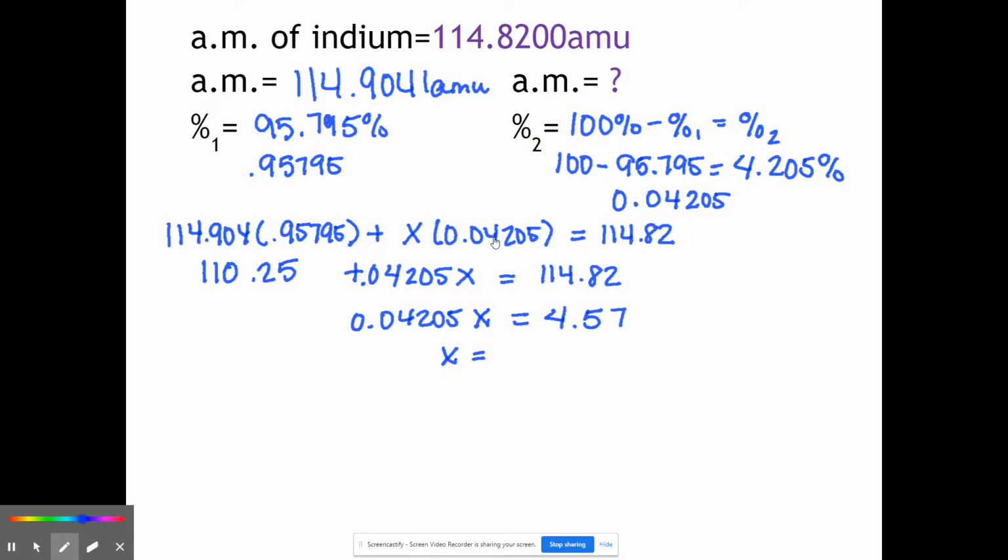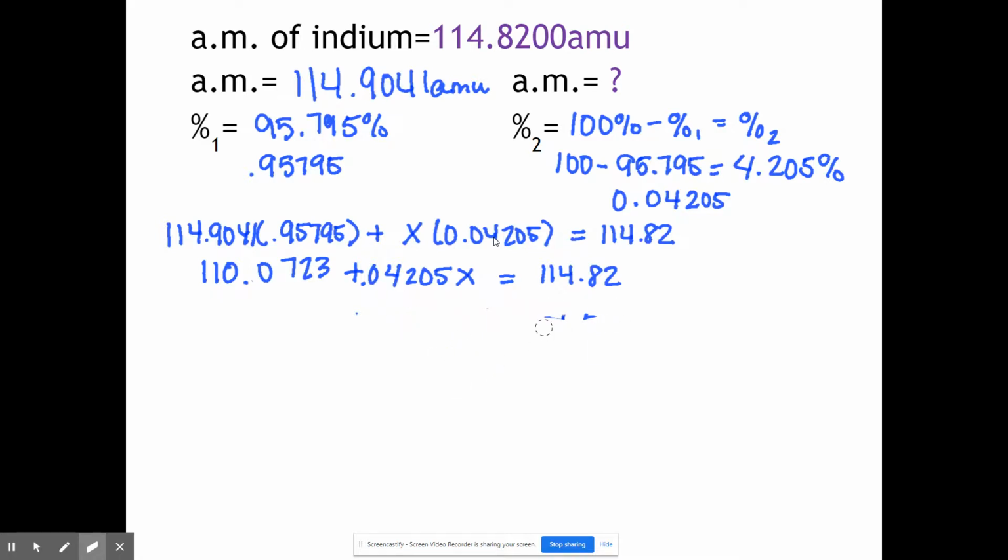Sorry guys, we made a math error. This should be 110.0723, which changes all of this down here. So now I take 114.82 minus my 110.0723.